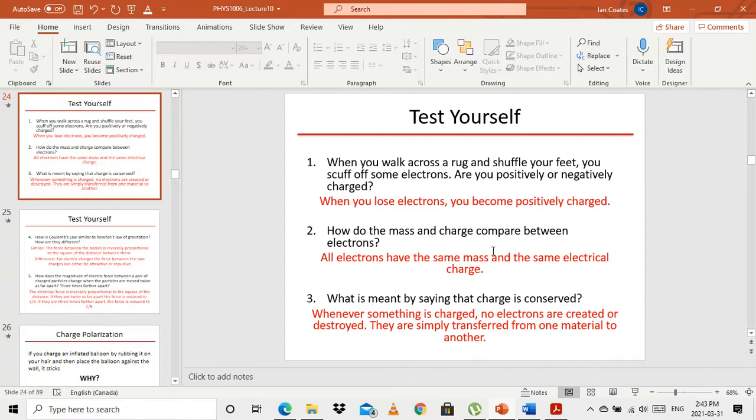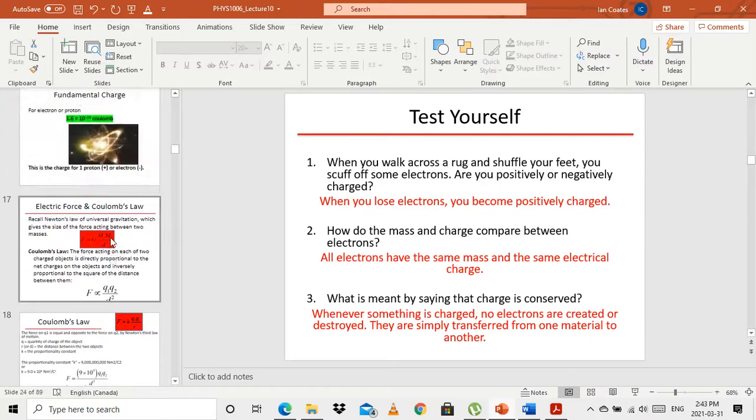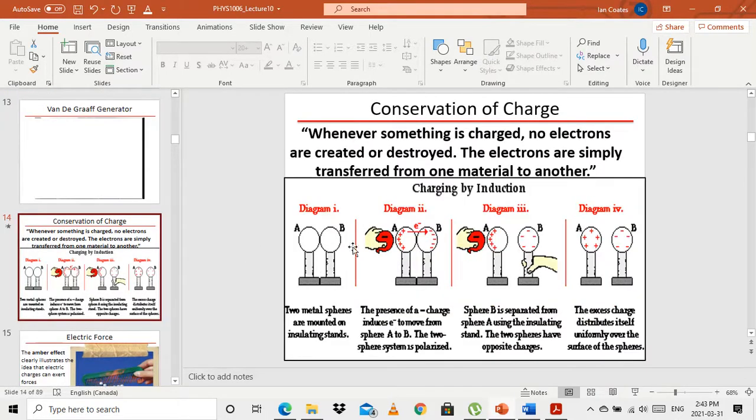even though you may have two metal balls that are both electrically neutral, but then you remember you brought the red balloon. Where was that? Right here. And you remember you brought this over, which then all the electrons jumped over here. And then you separate them, and then, wait a second, this ball is positive, this ball is negative.